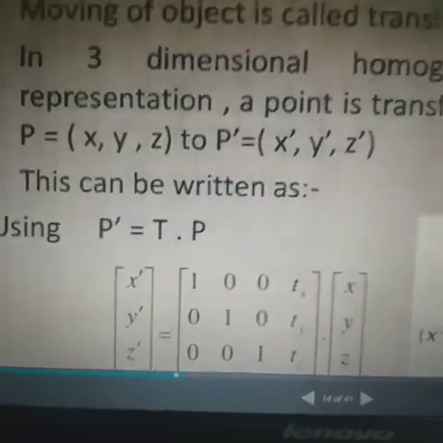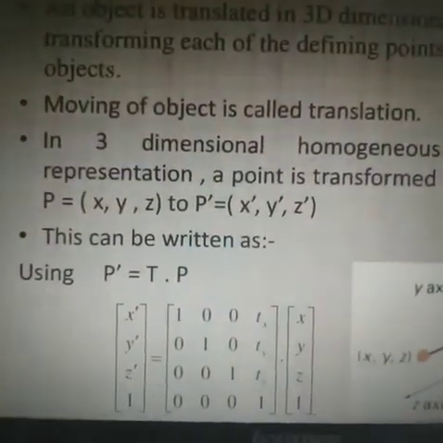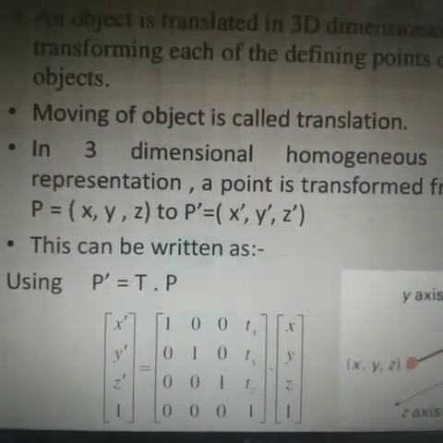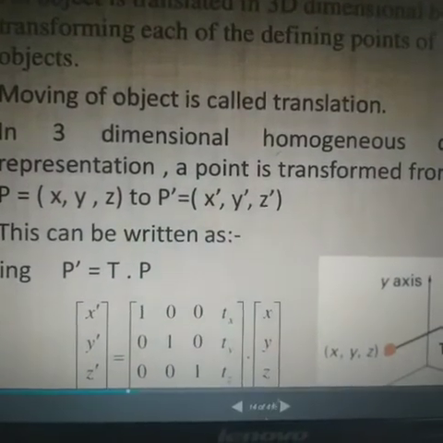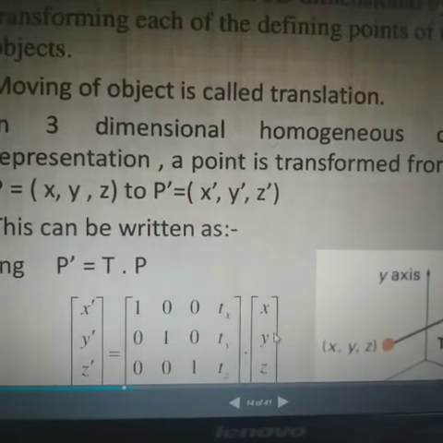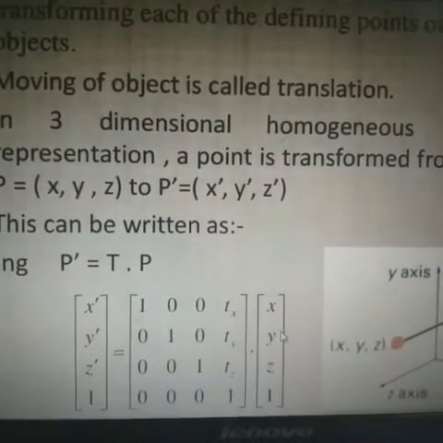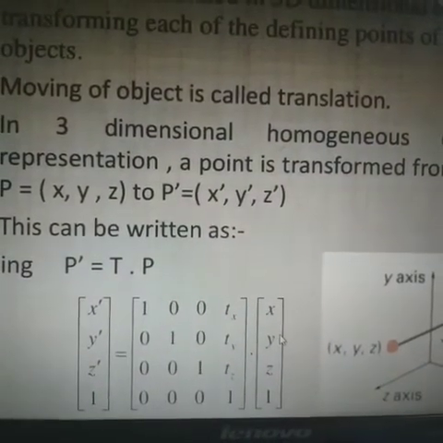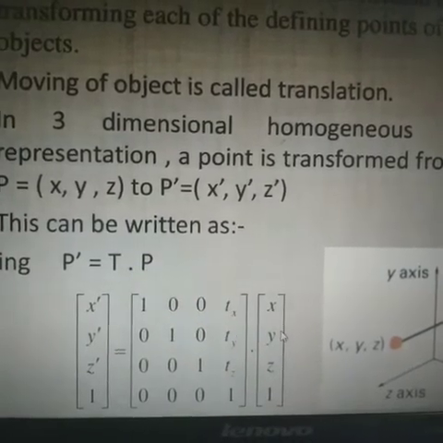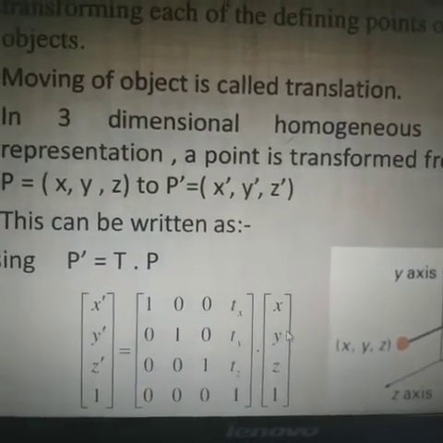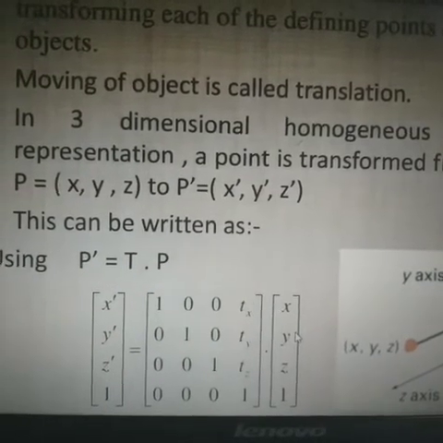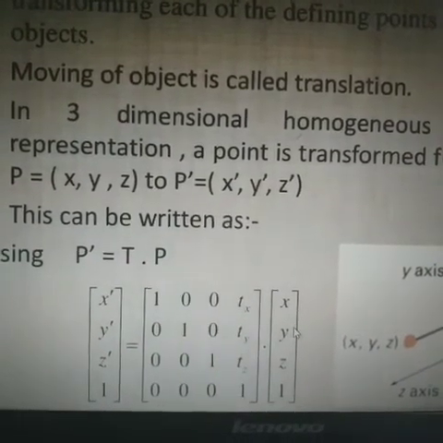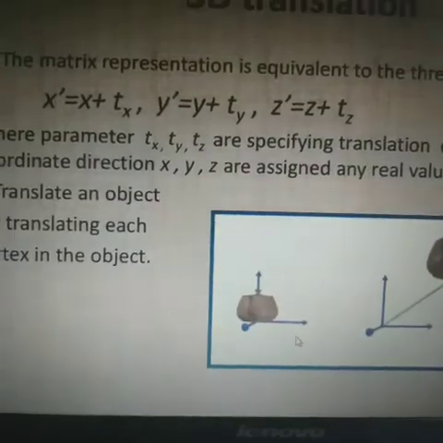This is basically used for the translation purpose, a 4 by 4 matrix. If any point is given that we want to translate in a three-dimensional object, all the points are to be translated in this form, similar to the two-dimensional translation we already did.